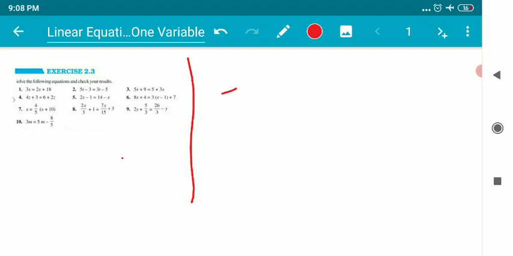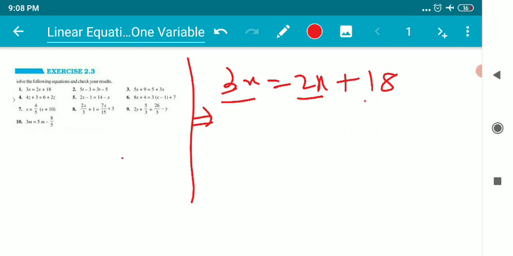3x is equal to 2x plus 18. So children, it is quite understandable seeing this equation that here is 3x and here is 2x and here is plus 18.